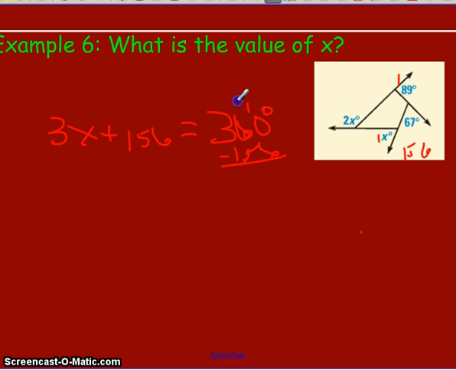So a little bit of borrowing here. Looks to be 204. So I've got to divide that by 3 real quick to figure out what x is. So x will equal, 3 goes into 20 6 times, 6 times 3 is 18, 24 would be 8. So it looks like 68 for my x.